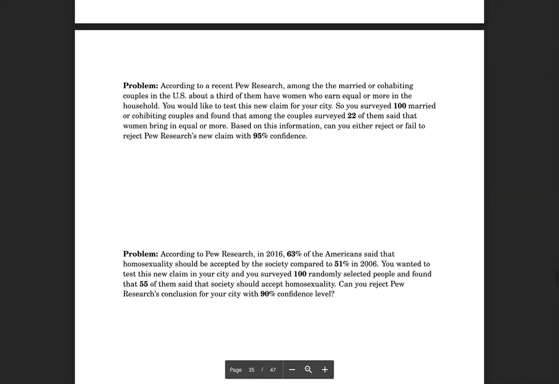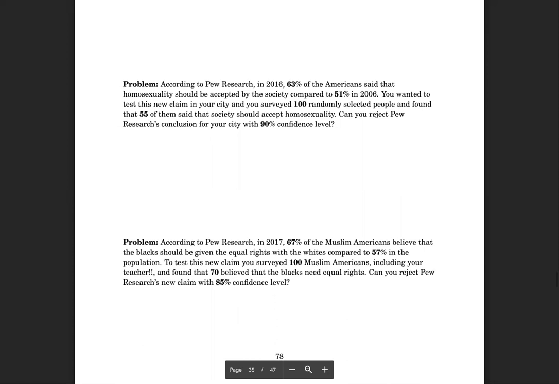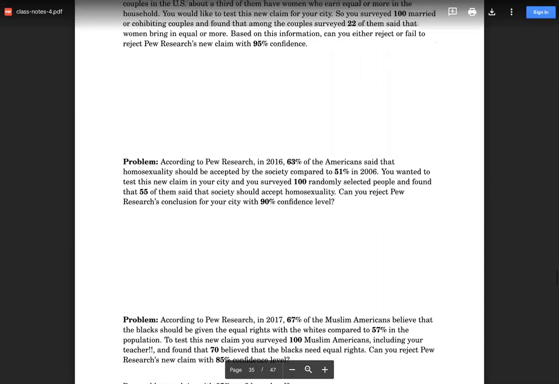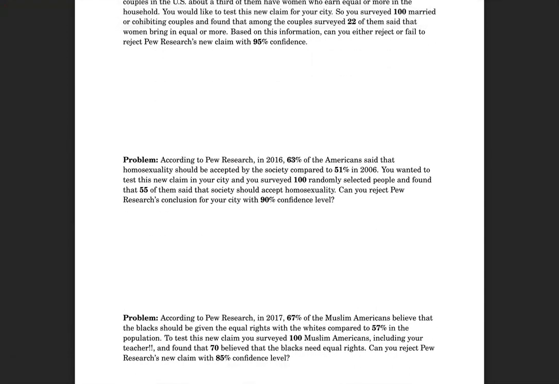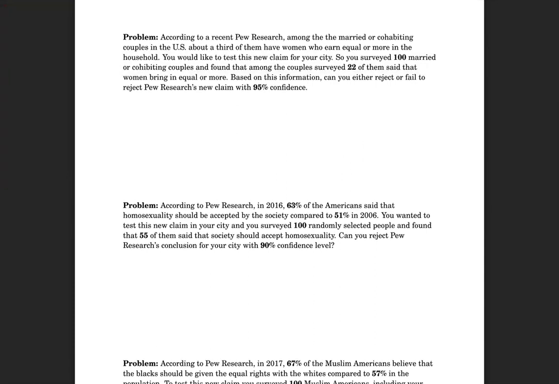Do you guys feel that I need to do more examples of this, or can you guys do the rest of it? There are 3 more problems. It's the exact same thing. So what do you guys say? You need more practice with this, me doing it? Anybody? Any thoughts?